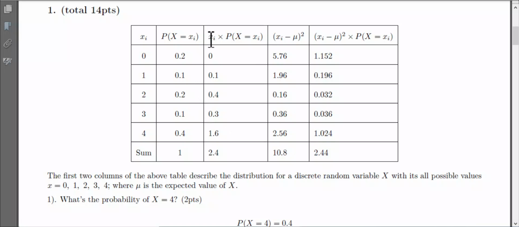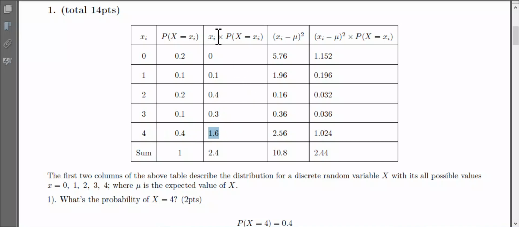So first we do this cross product. So the corresponding x values, and then the probability for capital X to be that little x value, and then multiply together. 0 multiplied by 0.2 equals 0, 1 times 0.1 equals 0.1, 2 times 0.2 equals 0.4, 3 times 0.1 equals 0.3, 4 times 0.4 equals 1.6.